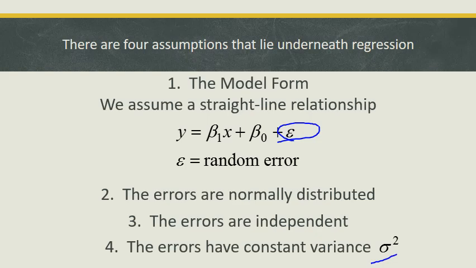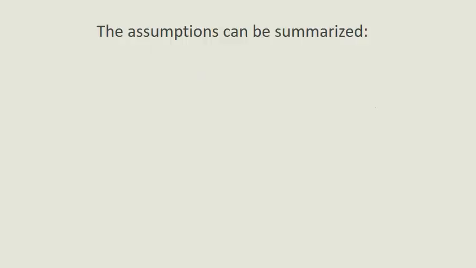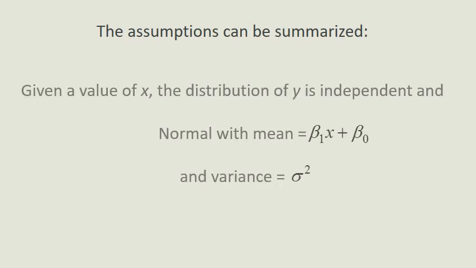The error term should remind you of the alternative definition of the normal distribution from the previous slide. And there's a nice way to summarize the 4 assumptions by combining them into the usual definition of normal. If we are given an x value, then the y value is independent and normally distributed. And the center of the distribution is a point on the true line relating x and y.